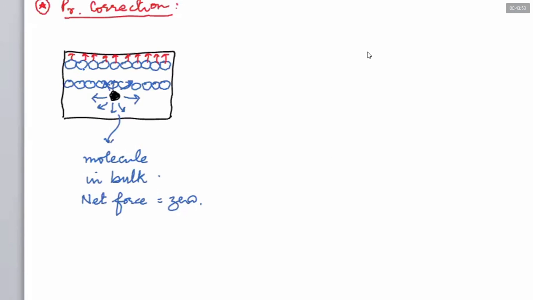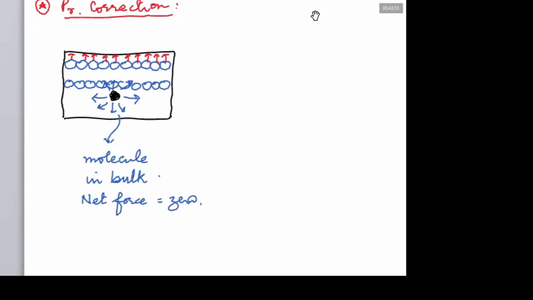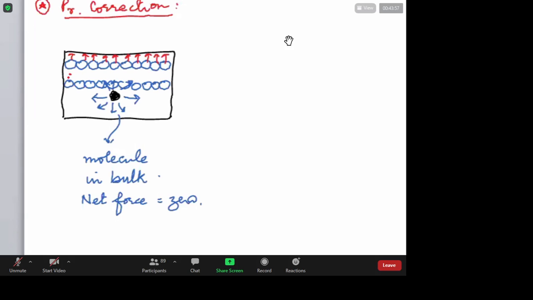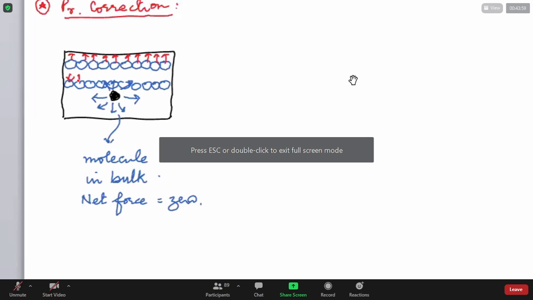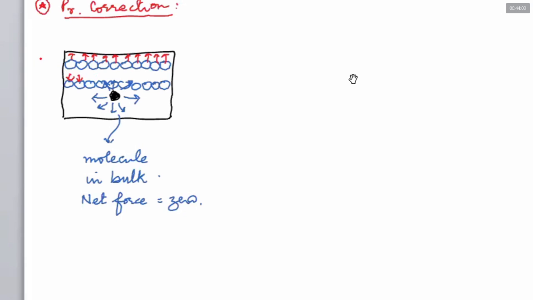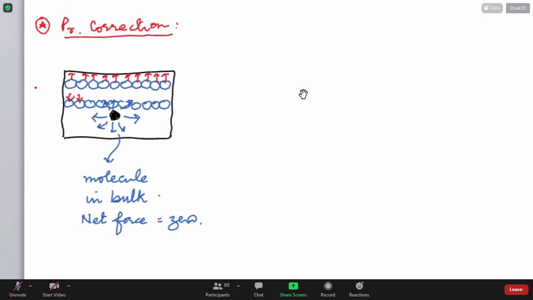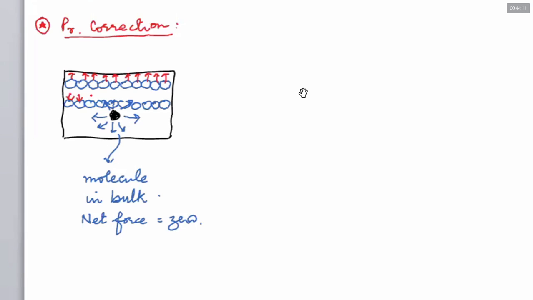The second layer molecules will try to attract them, and therefore they will attract in such a way that the first layer molecules will try to go and collide with walls of the container, but they will collide with force less than their original force, because someone is there who is supposed to be pulling backside, right? You people, some of you are sitting in the classroom and they want to study very sincerely without any disturbance in study hours.